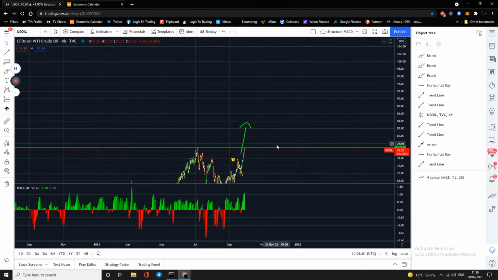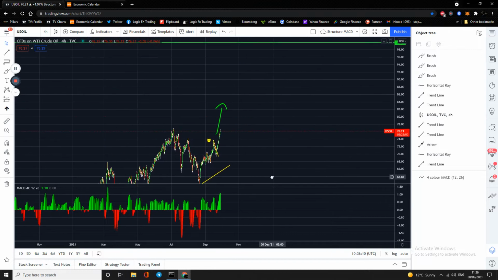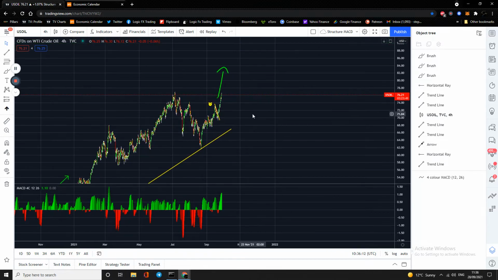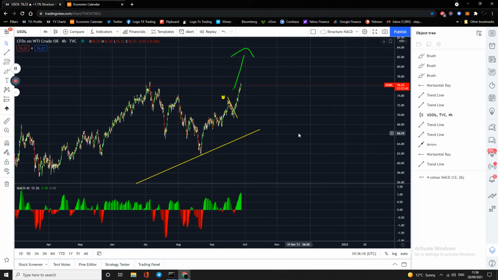And there are people calling it at $100. So we'll see whether that comes out or not. I don't trade oil, as I say often, because it's costly to trade it and very costly when you get it wrong.